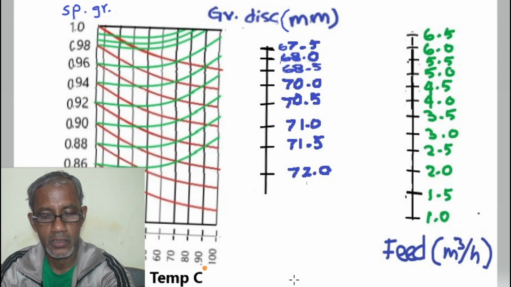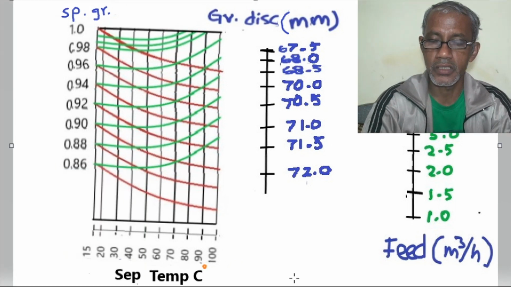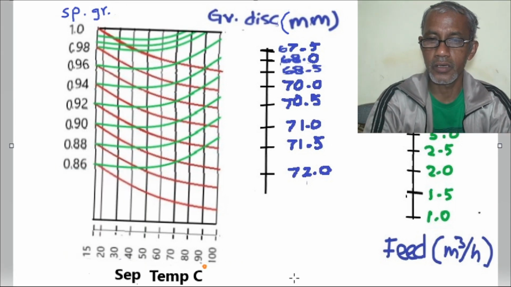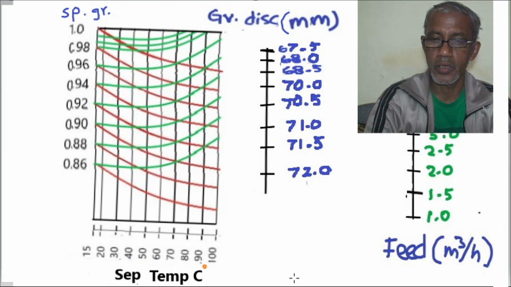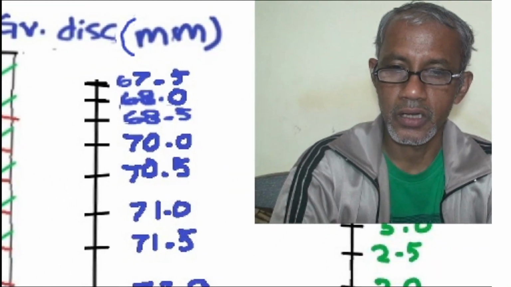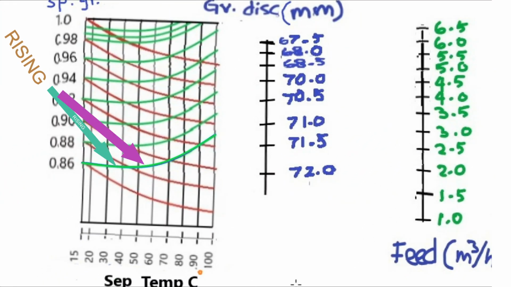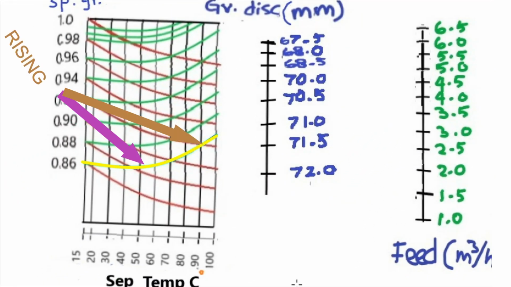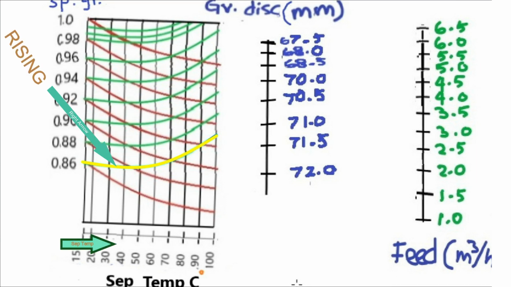Well, on the left side is the collection of curves for a particular specific gravity. Curves in the red color are called the falling curves because they keep on falling down when the separating temperature increases, and the ones in the green color are called the rising curves because they keep on rising when the separating temperature increases.